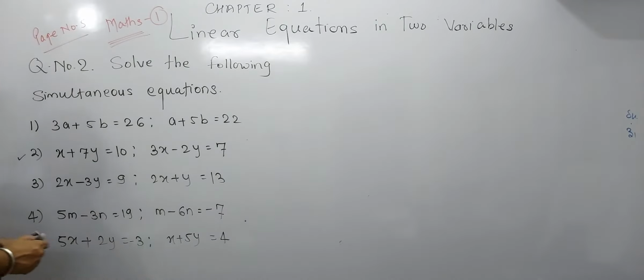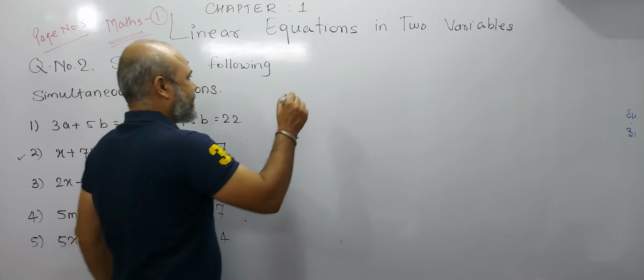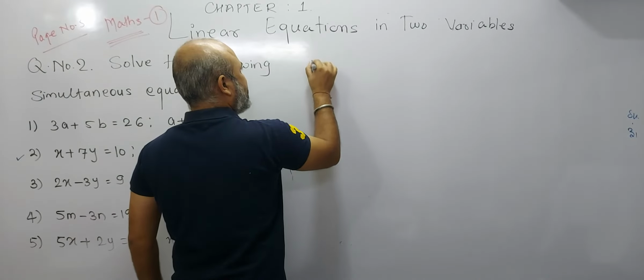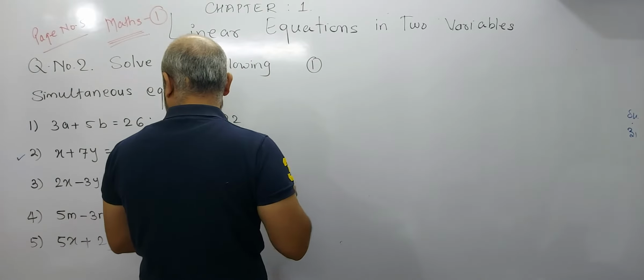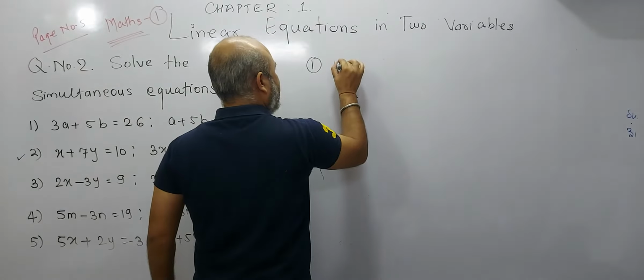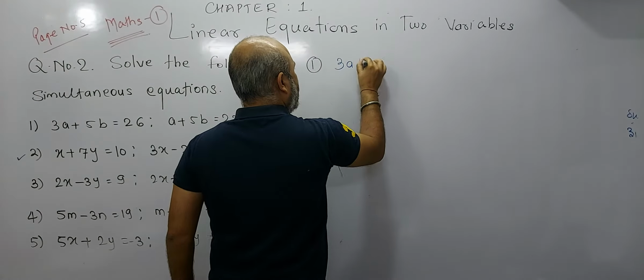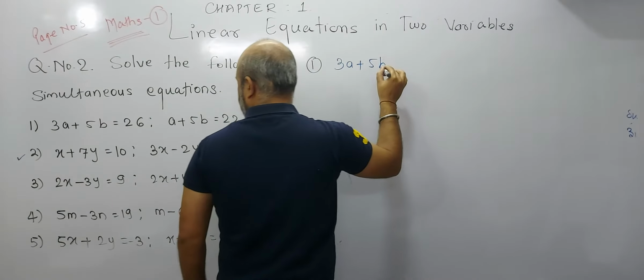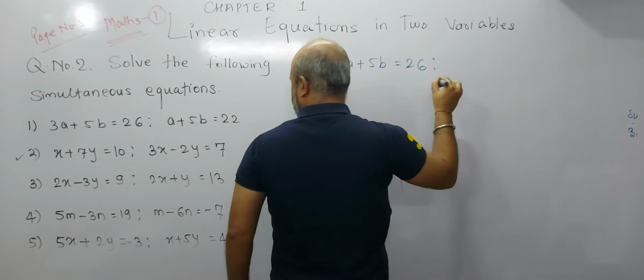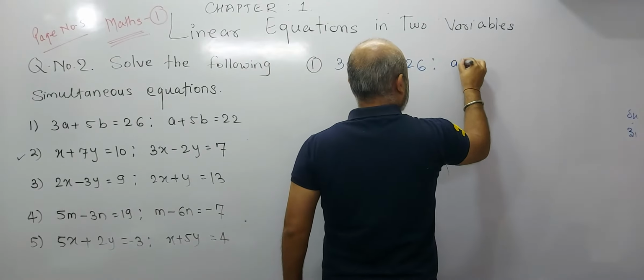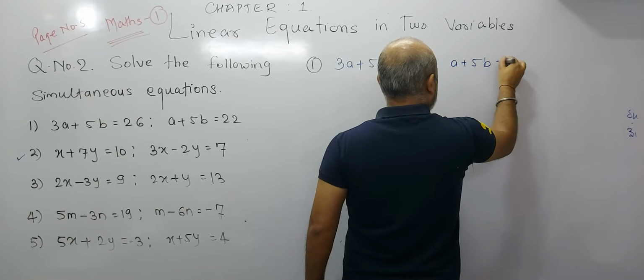Now we will see the first simultaneous equation. The first equation is 3a plus 5b equal to 26, and the second one is a plus 5b equal to 22.